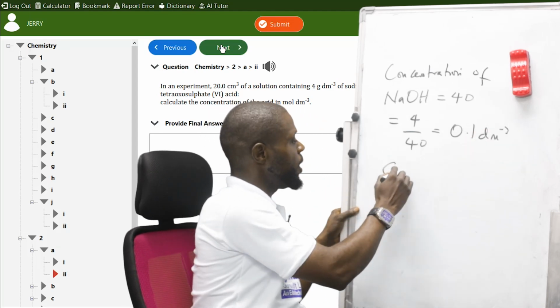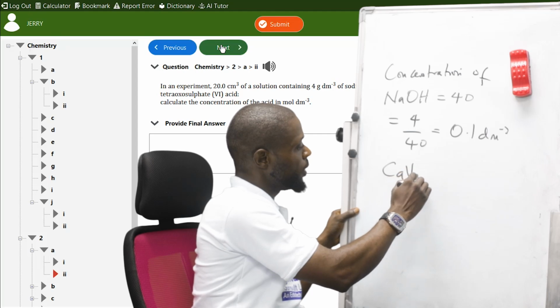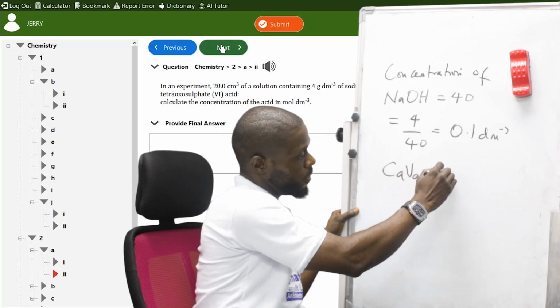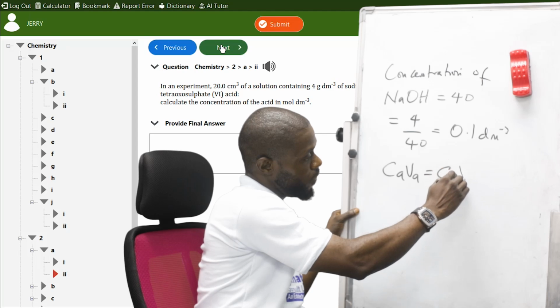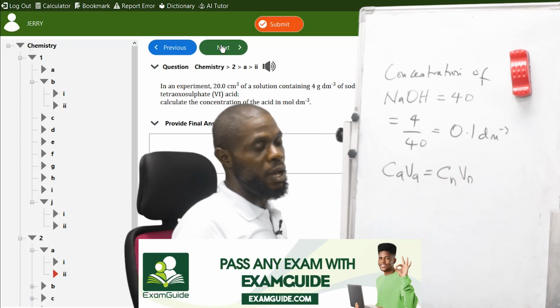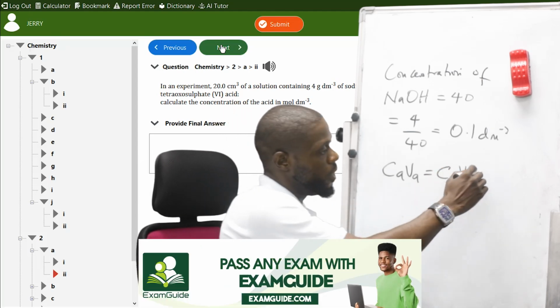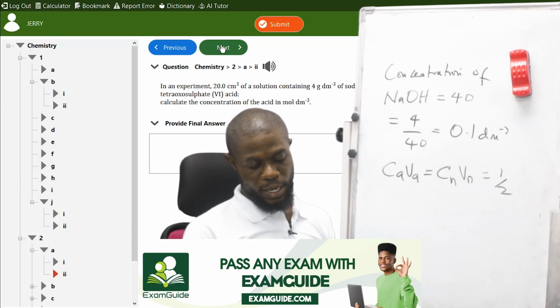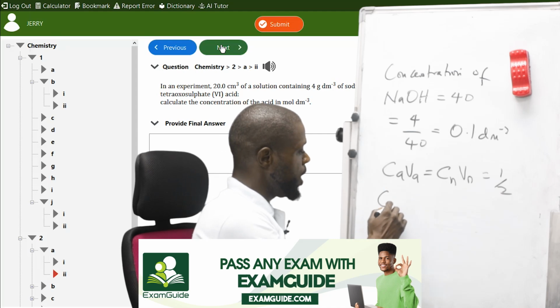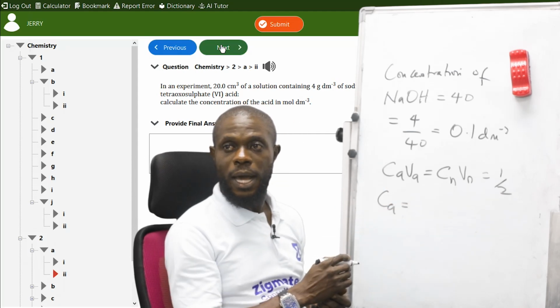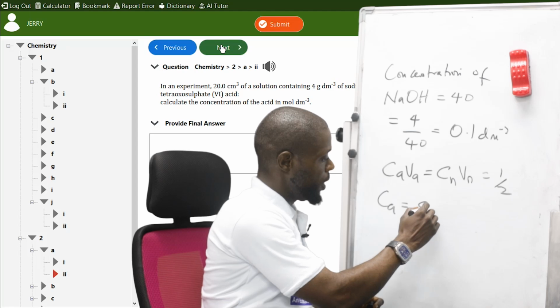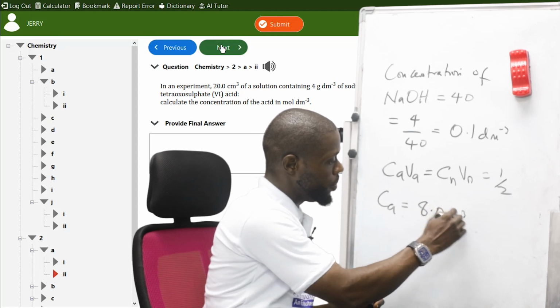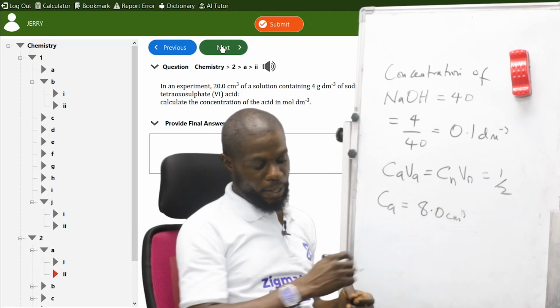Now, the concentration of acid times the volume of acid, over the concentration of base times the volume of base, is equal to the mole ratio of acid to base, which is 1 over 2, that is, half. Now, the volume of acid is 8.0 cm³. That's the Ca.